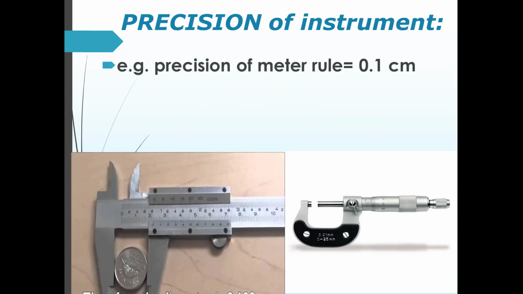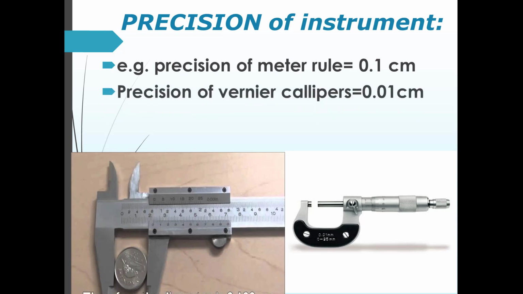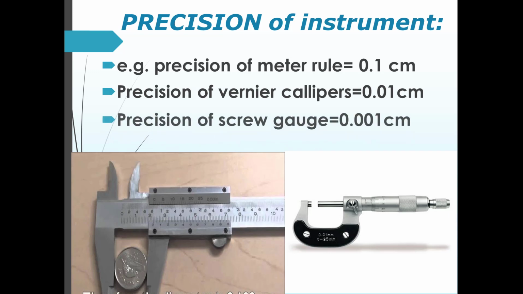For example, precision of meter rule, which is the least count of the meter rule, is 0.1 centimeters. Precision of vernier calipers is 0.01 centimeter. Vernier caliper is more precise as compared to meter rule, and precision of screw gauge is 0.001 centimeter, which is even more precise than vernier caliper.